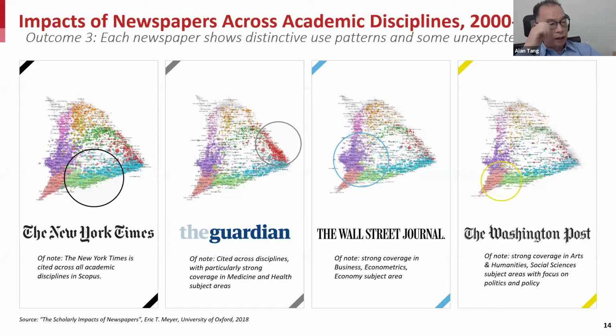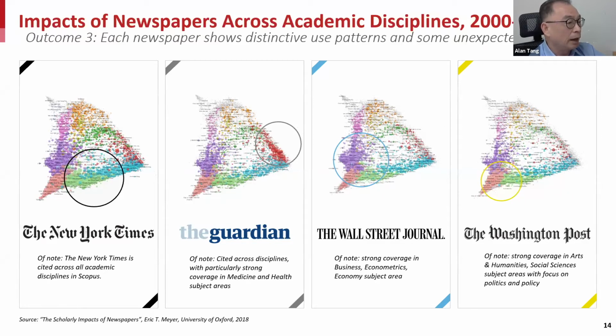Again, we have a total look on those 4 newspapers. As I said, the New York Times is quite spanned across disciplines, and the Guardian is more strong on the right-hand side, which is in red color, representing nursing and medicine. Okay, and the Wall Street Journal, as I said just a second ago, is very strong in business and economics.